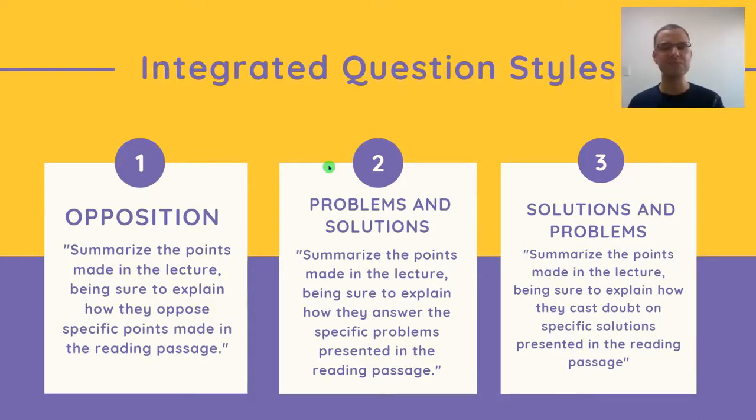I think that's the second most common. And then finally, you have the opposite, the solutions and problems question. In this case, the author of the reading presents three solutions to some problem, but the lecturer challenges these solutions and he says, no, they're not solutions at all. They don't work.